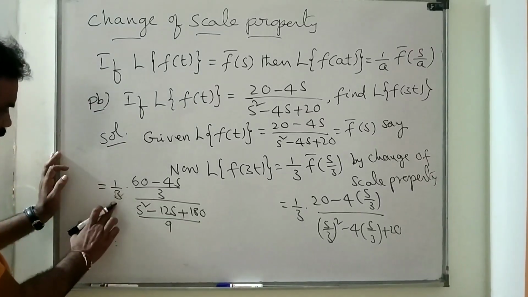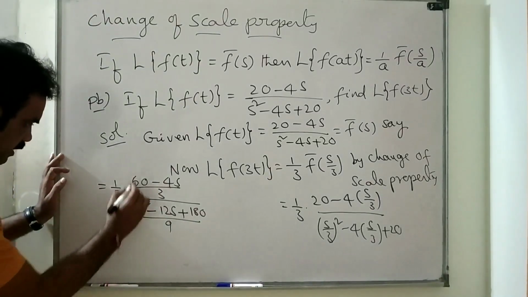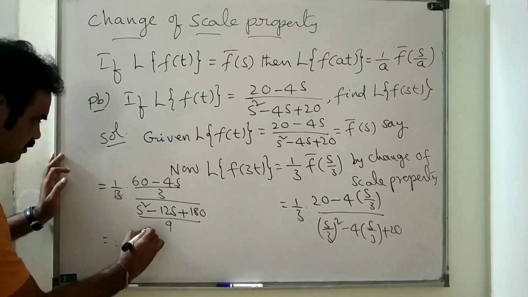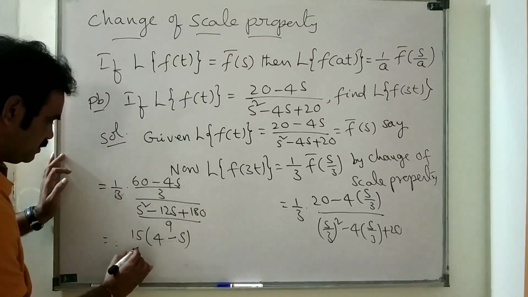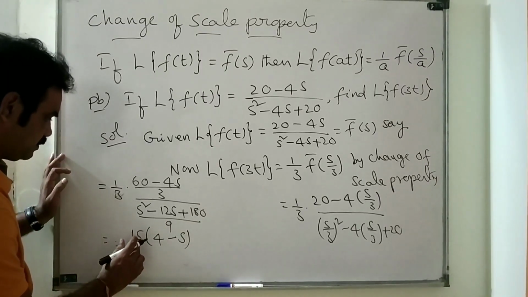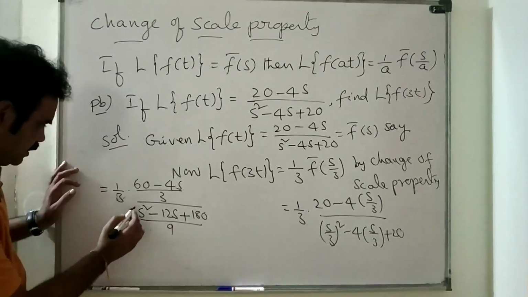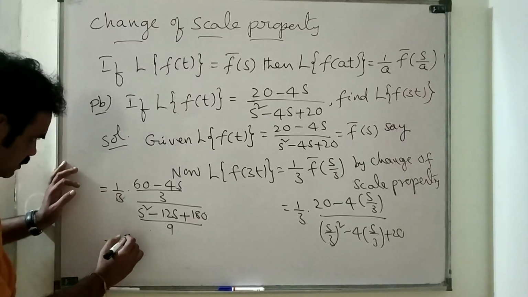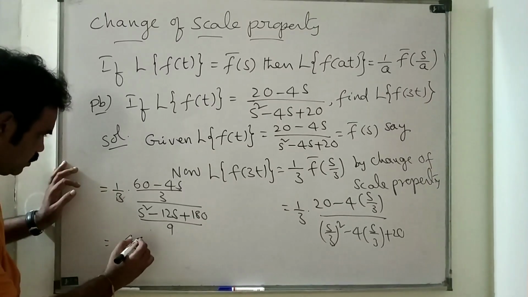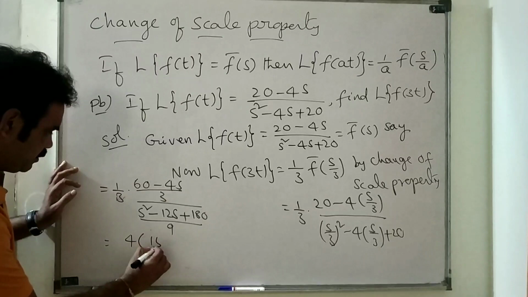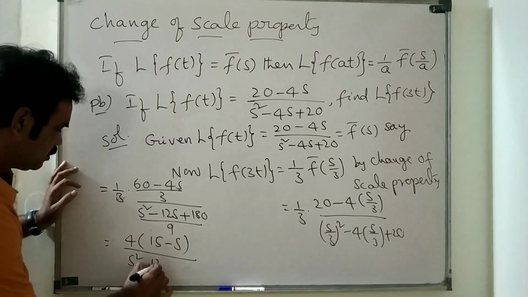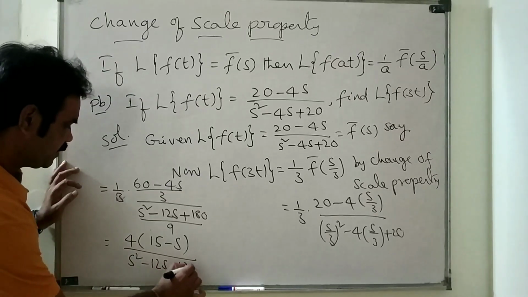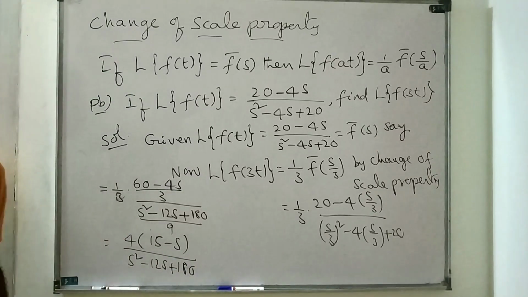Here 1 by 9 and 9 cancel. Taking 15 in the numerator, 15 into 4 minus s, and 9 cancel here. Taking 4 common in the numerator, 4 into 15 minus s all by s square minus 12s plus 180. This is the required Laplace transform.